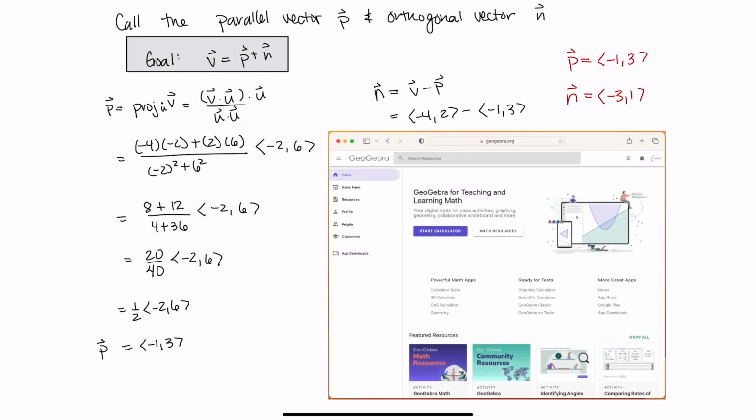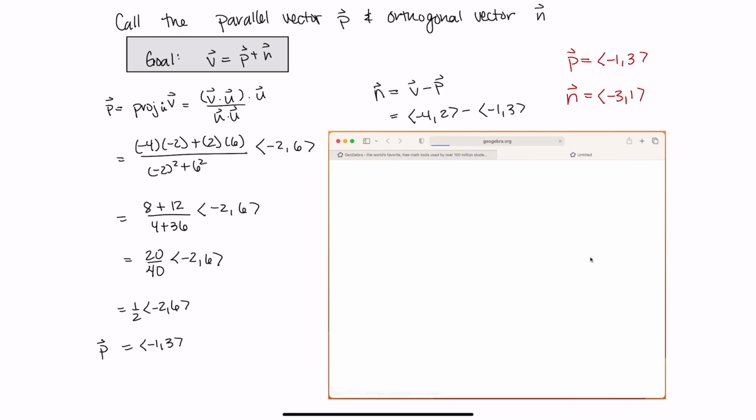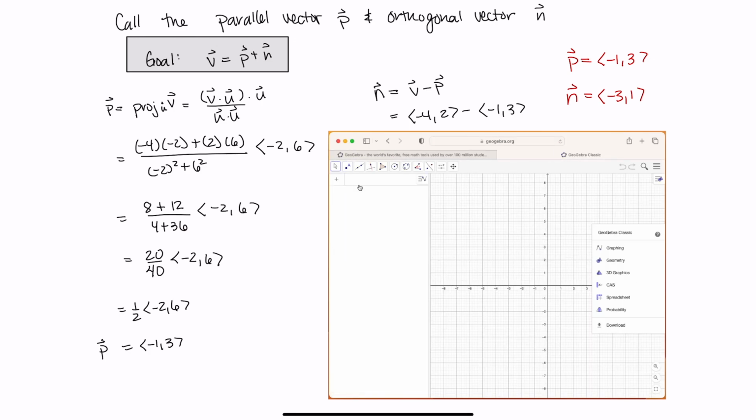As you can see, I have GeoGebra up, and I'm going to go ahead and open my favorite, which is GeoGebra Classic. And then I'm going to plot my origin there, O. And I'm going to let V equal our definition of vector V, oops, I couldn't spell for a second, and it is O, comma, open parentheses, negative 4, comma, 2.